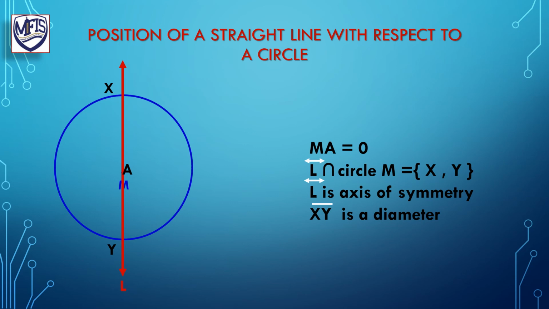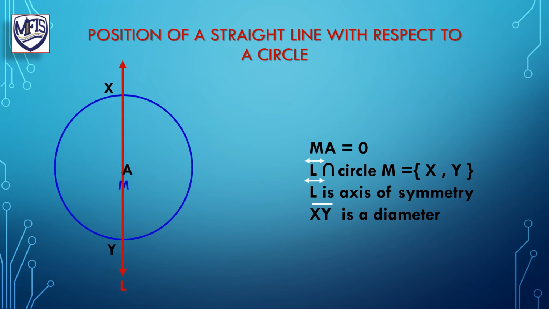Now, let's summarize the four positions of a straight line with respect to a circle. First one, if MA greater than R, therefore the straight line is outside the circle. If MA equals R, therefore the straight line is tangent of the circle, and this tangent is perpendicular to the radius of the circle from the point of tangency.